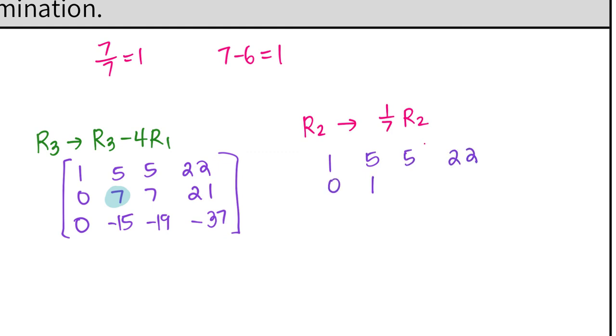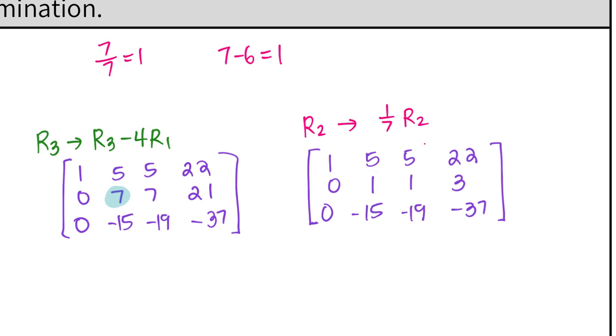So divide by 7, divide by 7, both of those would become 1s, and 21 divided by 7 is 3. Okay, and now that we have that 1 in the spot that we need, these other two numbers in that column need to turn into zeros.